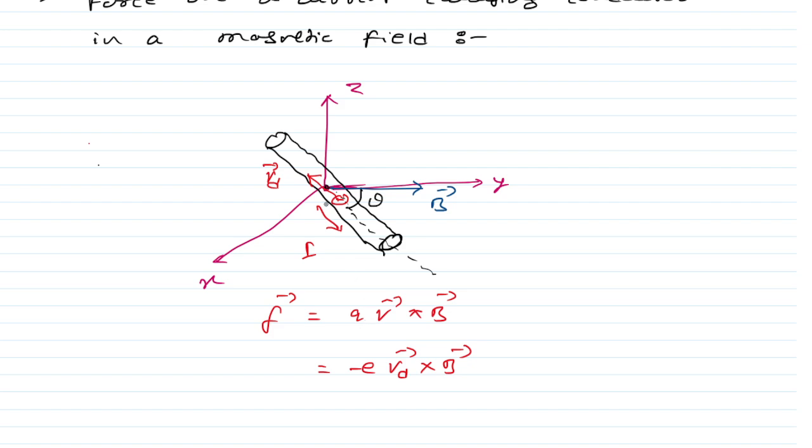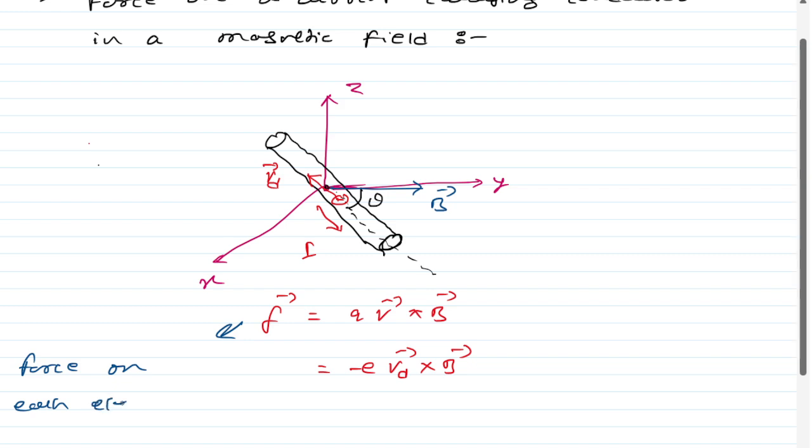So we can say the force on each electron will be, since electron is charged particle, so this force is force on each electron, small f equal to minus e Vd into B.